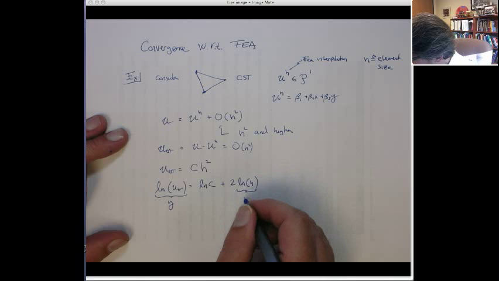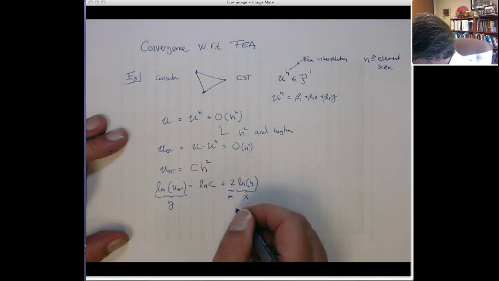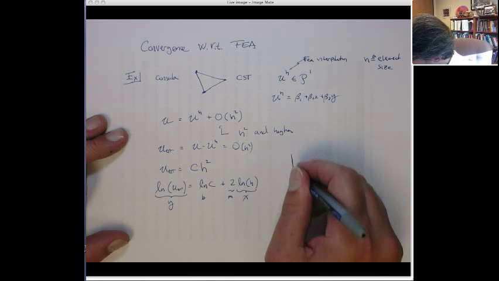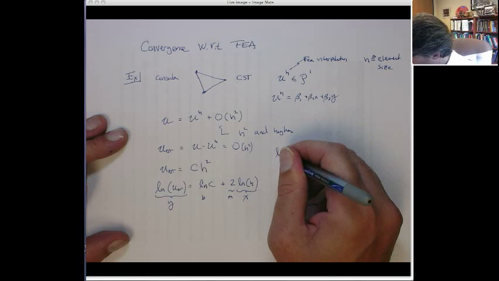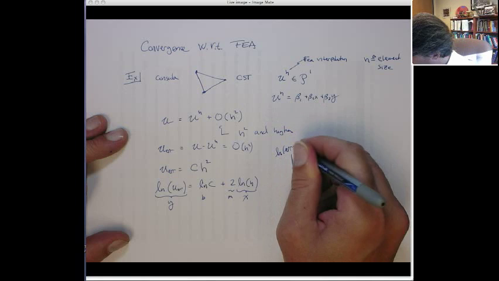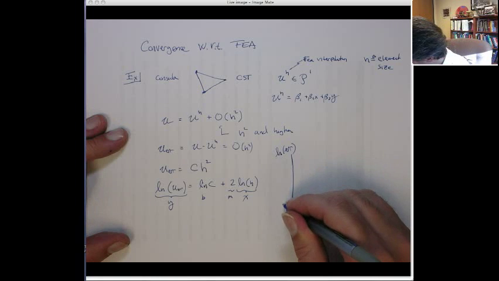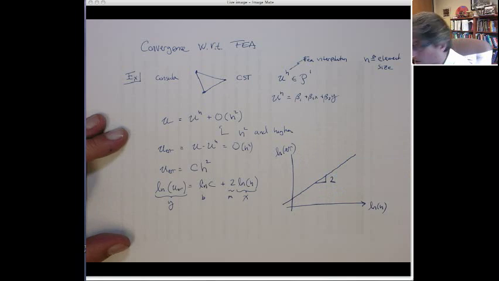I'm going to call this x. This is the slope, m, and this is the dc offset b. So if I were to plot the log of h and then the log of the error on the y-axis, what I would expect to see is a straight line with a slope of 2.